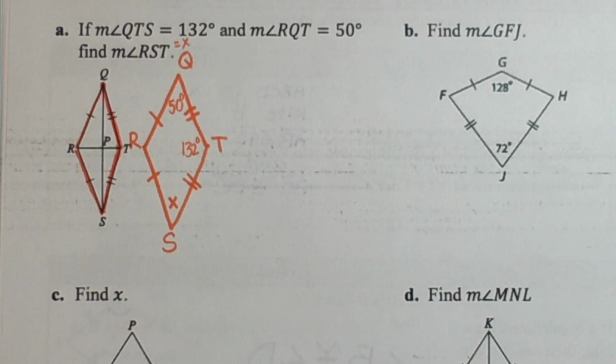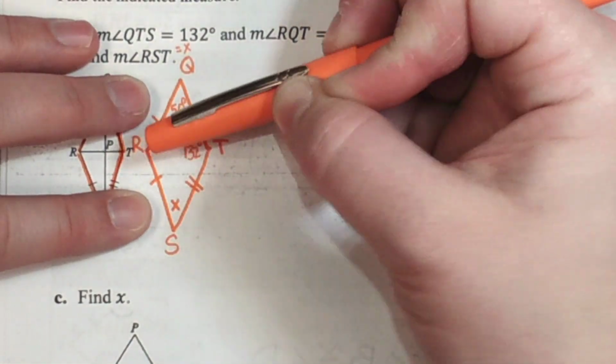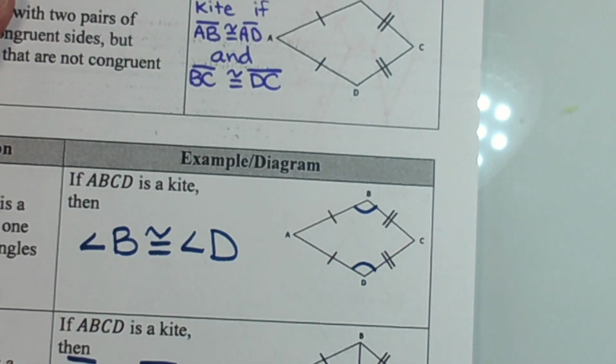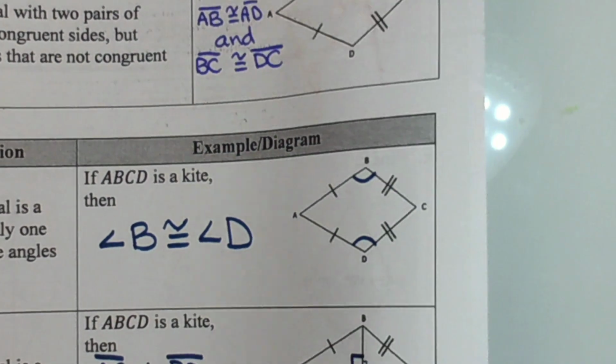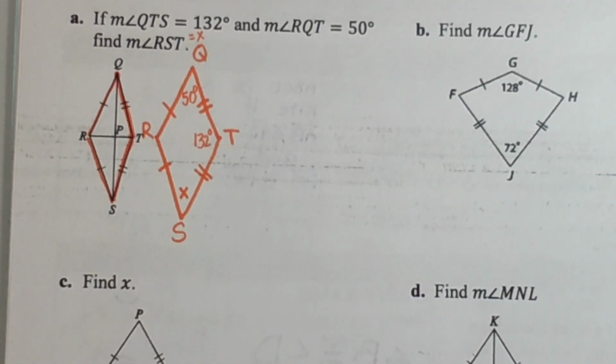The key thing to look at is which ones are congruent. These two sides are congruent, meaning R is formed by congruent sides. I want the angles formed by the non-congruent sides, which means R is not included. Which two angles are formed by the non-congruent sides?